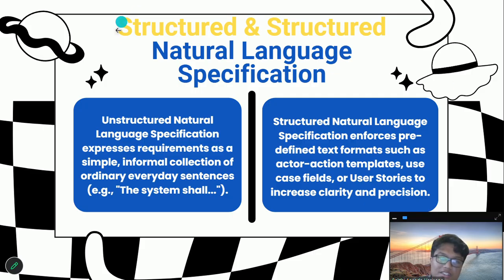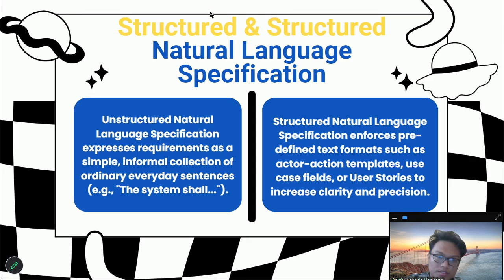Please ignore this typo, this should be unstructured. So we can say that unstructured natural language specification is the informal collection of ordinary everyday sentences, such as the system shall, the system should, and so on.